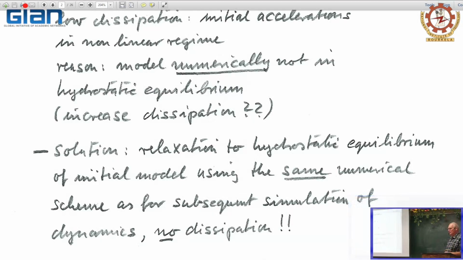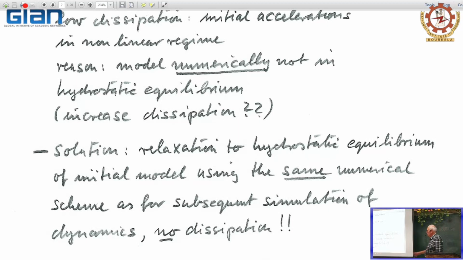In fact, that helps, and by relaxation of the model to hydrostatic equilibrium we can get an initial configuration which does not exhibit big initial perturbations or big initial accelerations, which would immediately take the star into the nonlinear regime.